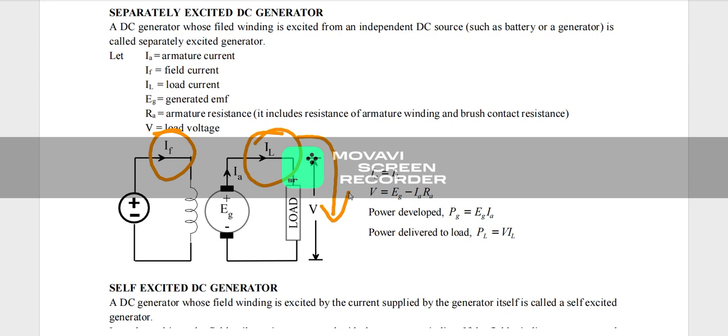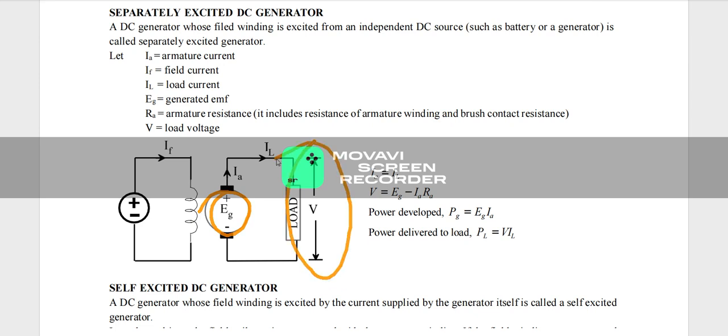So these are the three currents we have to mention in this diagram. Then you can see here EG. EG is the generated EMF in the armature, because since it is a DC generator, the output will be supplying electrical power to the external load. That electrical power generated in the armature we will be calling EG, and the load voltage we will be mentioning as V.